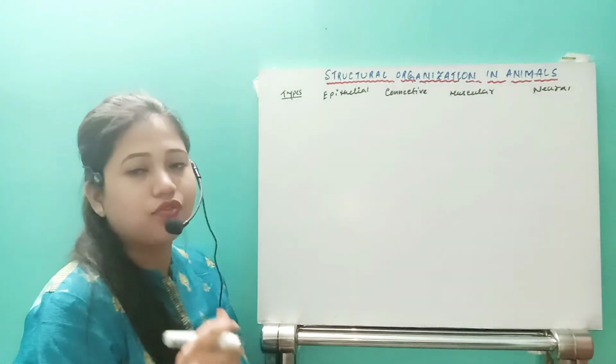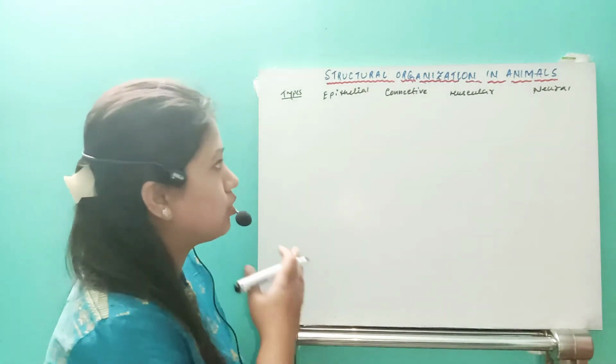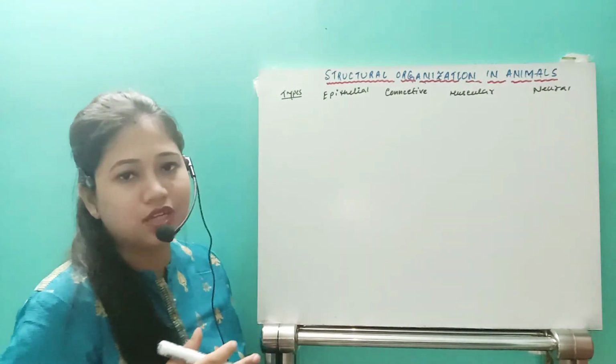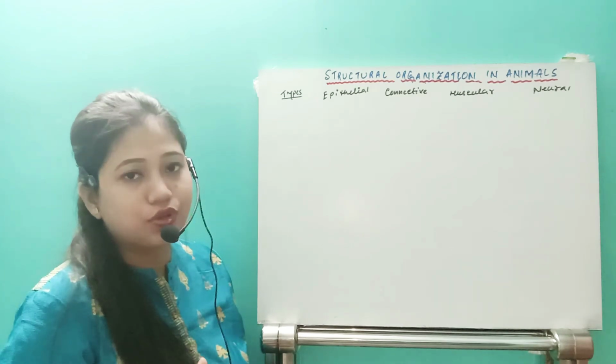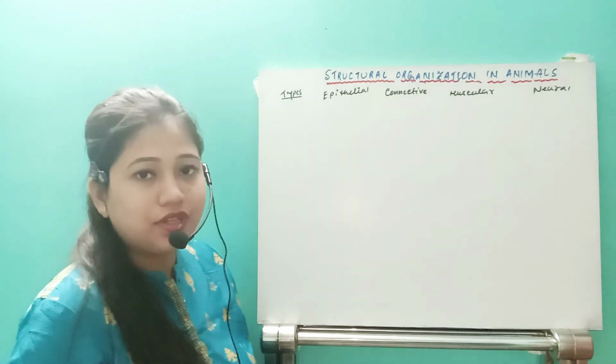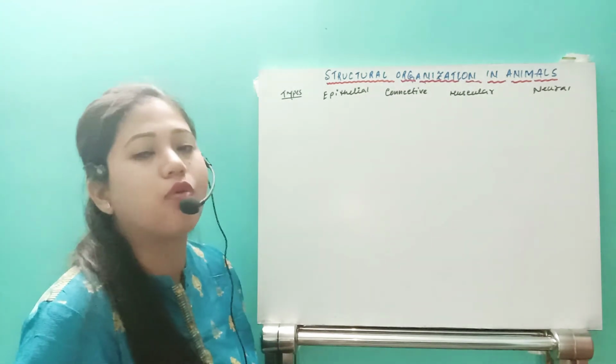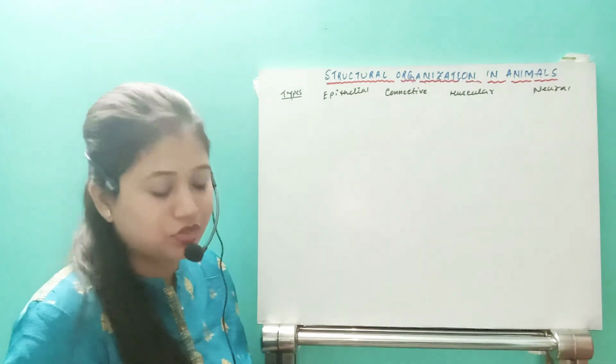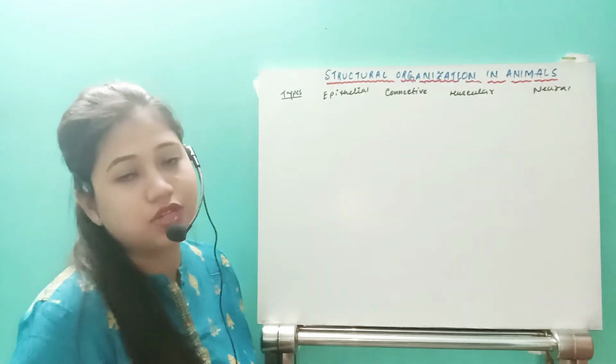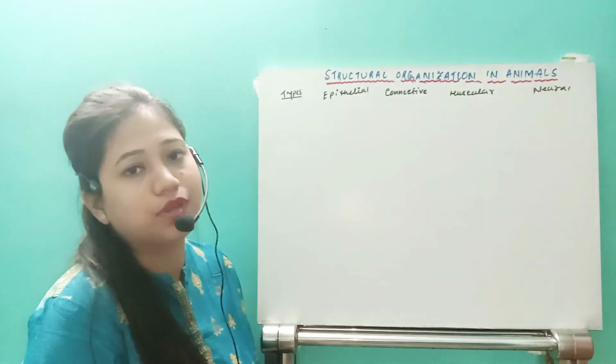So in the case of human beings also, we are going to have four types of tissue: epithelial, connective, muscular and neural. If it comes to the epithelial tissue, then it originates from all three germinal layers. You remember that we have three germinal layers: ectoderm, endoderm and mesoderm.